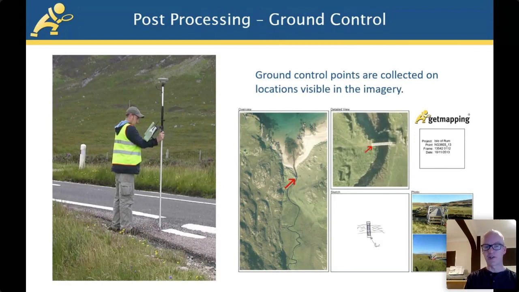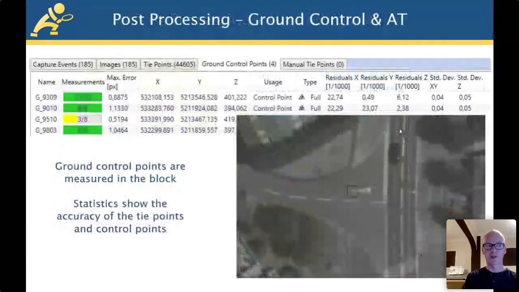And then we plug that into the software, and you can say, well, this point has got a 1 to 2 centimeter accuracy. And what it does, it tells the software that every single image that road marking falls on, and there might be 10, 20, 30 with our high overlap, it tells them the absolute 1 to 2 centimeter accuracy coordinates of that pixel. And it just helps nail down the accuracy of the whole block.